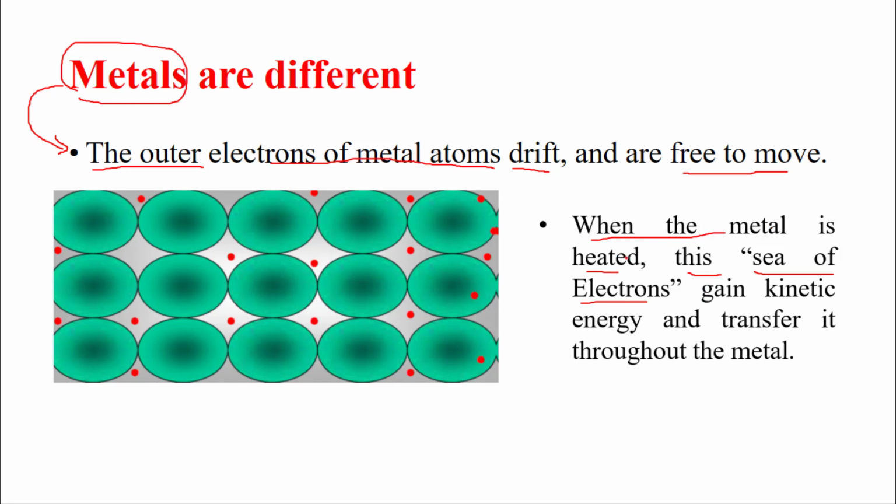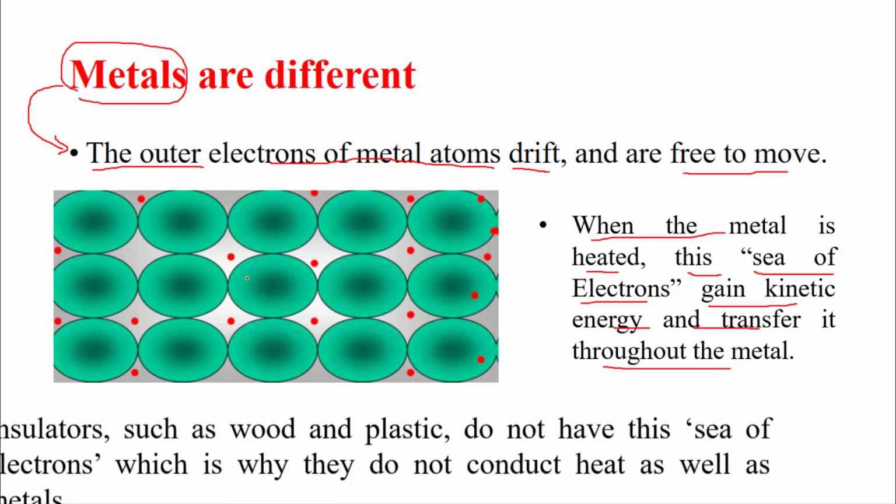So when the metal is heated, this sea of electrons gains kinetic energy and transfers it throughout the metal. So we have now two reasons why heat is transferred in solid objects, especially metals. We have vibration of the molecules, and we have the sea of electrons, which are drifted and free to move. So they move and they transfer heat as well.